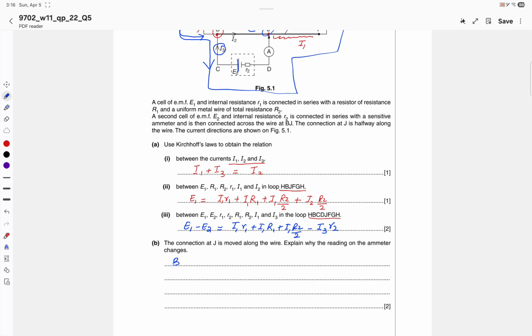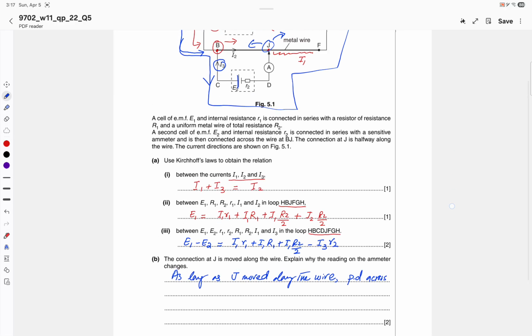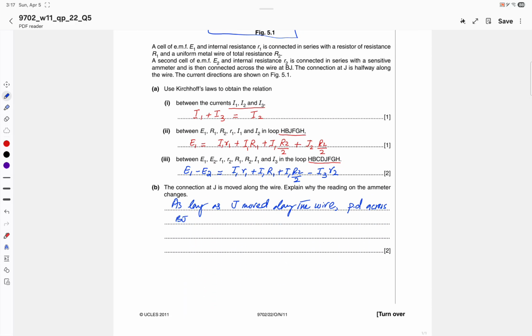The reason is, as long as J moves along the wire, the PD across BJ will be changed, and hence the resistance of BJ will be affected too.